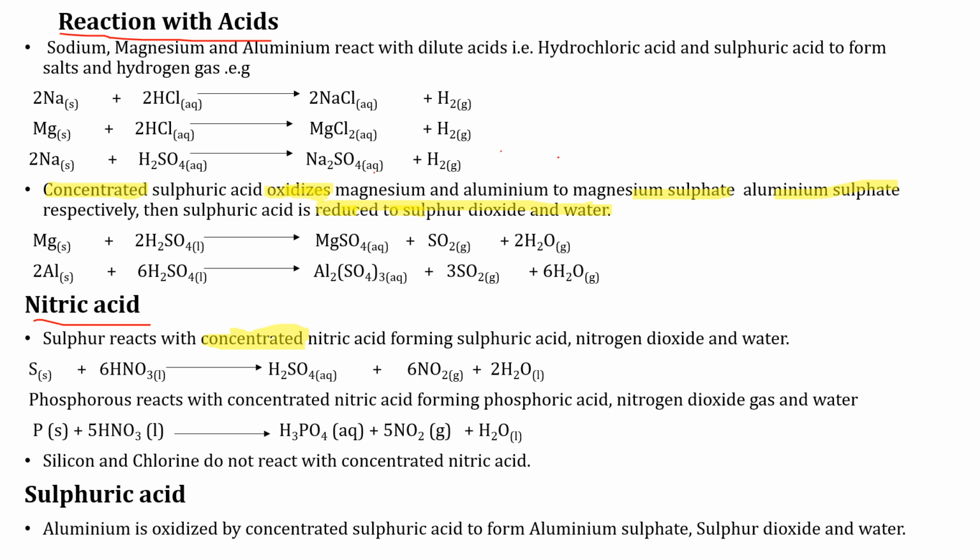So sulfur is oxidized to sulfuric acid, and the acid itself, which is nitric acid, is reduced to nitrogen dioxide gas and water. So take note of that. That's how we write chemistry. Concentrated nitric acid oxidizes sulfur to sulfuric acid, and the acid itself is reduced to nitrogen dioxide and water.